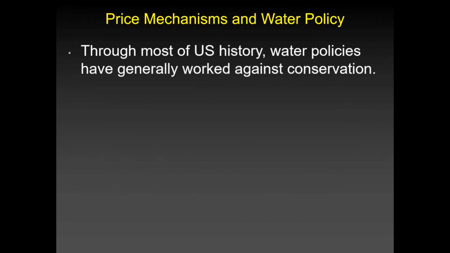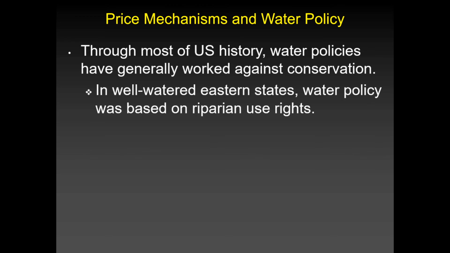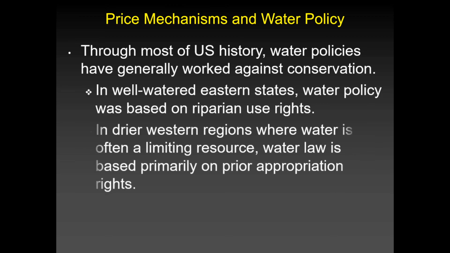So, price mechanisms and water policy. Through most of U.S. history, water policies have generally worked against conservation. In well-watered eastern states, water policy was based on riparian use rights, riparian being streams and rivers or areas next to water. In drier western regions where water is often a limiting resource, water law is primarily based on prior appropriation rights.